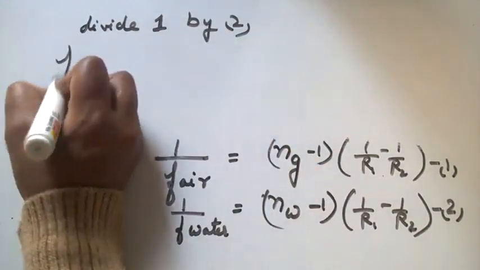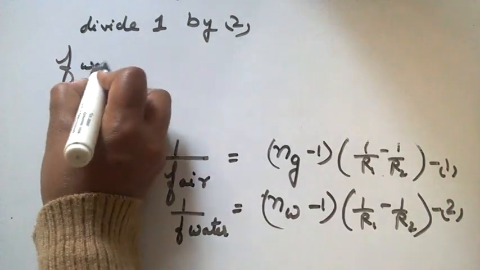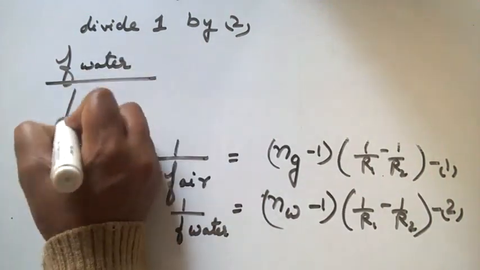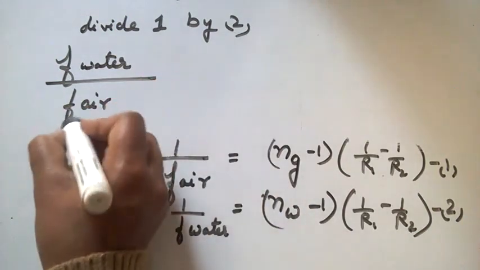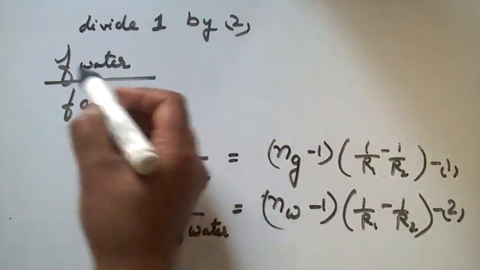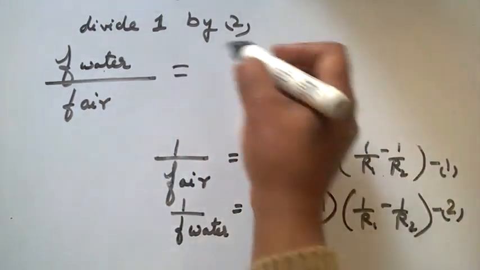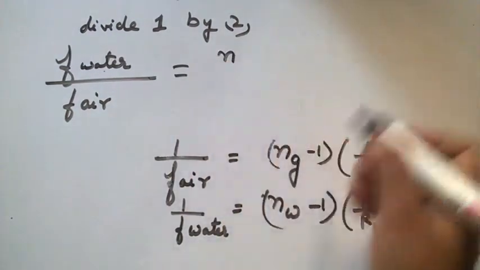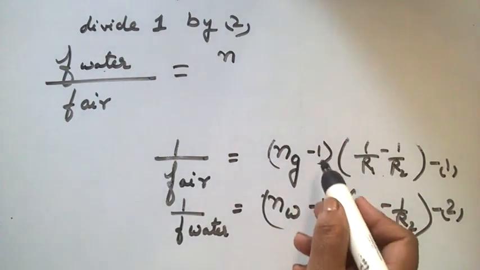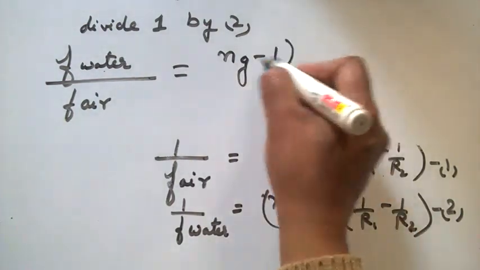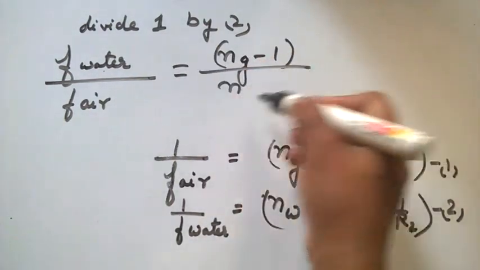we get focal length of the lens in water upon focal length of the lens in air. So here it is equal to Ng minus 1 upon Nw minus 1.